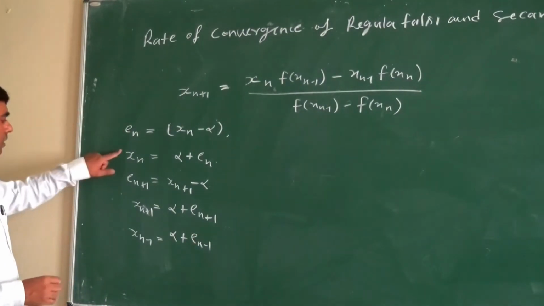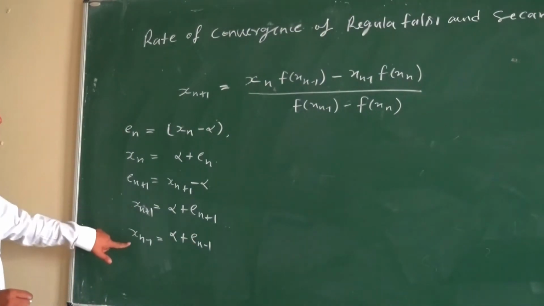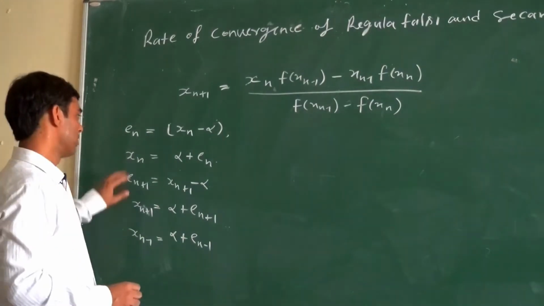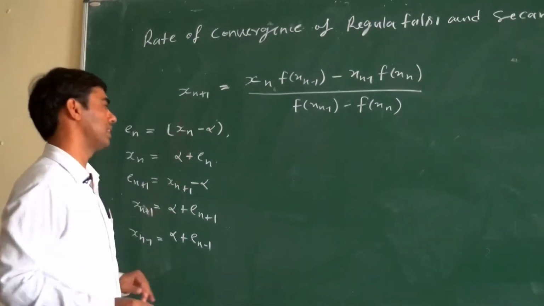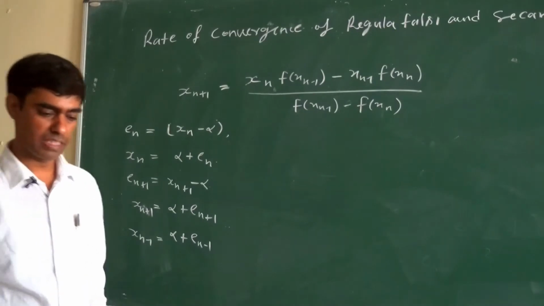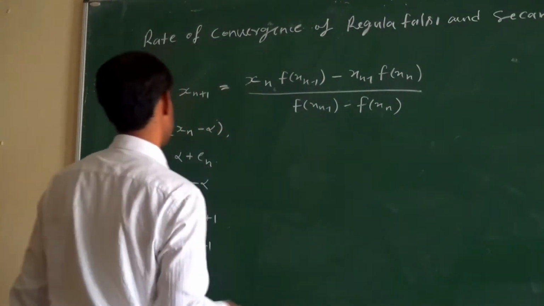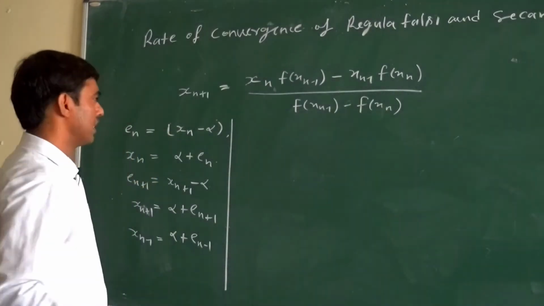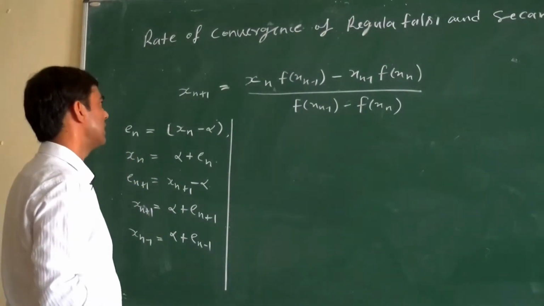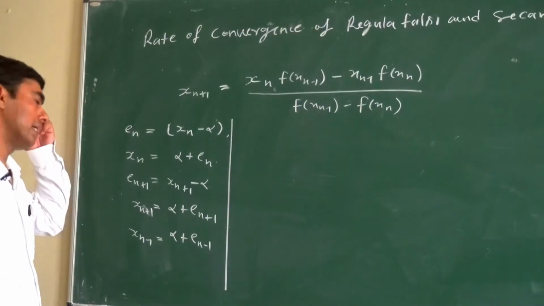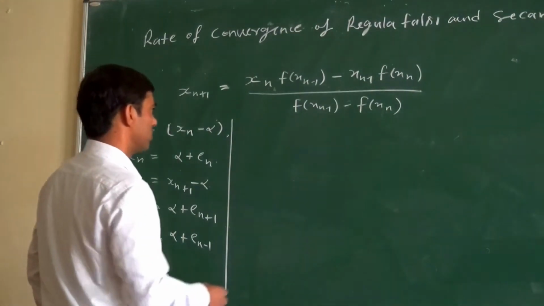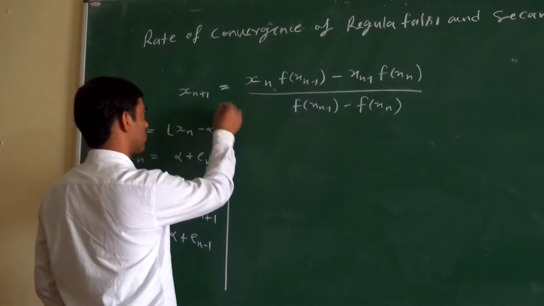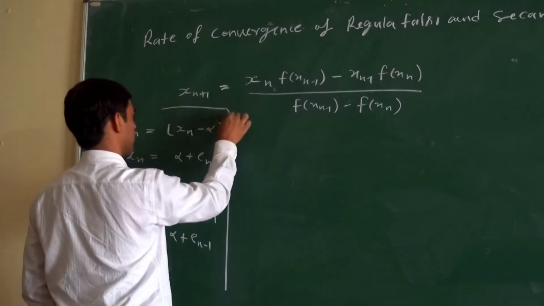Now put the values of xn plus 1, xn minus 1 from here into this expression, the iterative scheme of the Regula Falsi method, or you may also say the iterative scheme of the secant method. So you may also write this expression for xn plus 1.